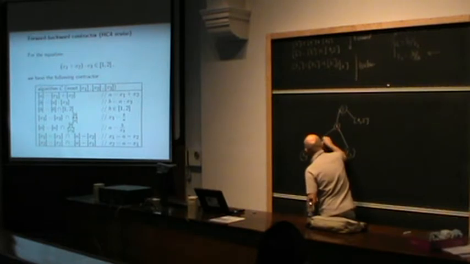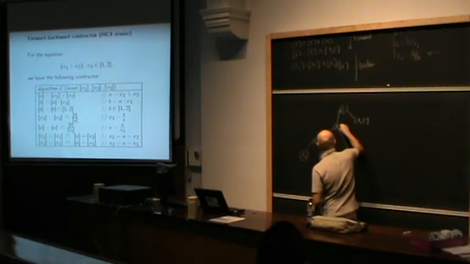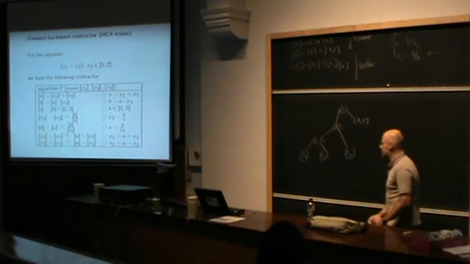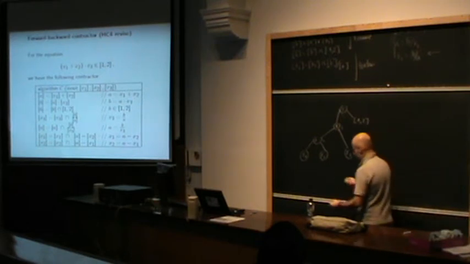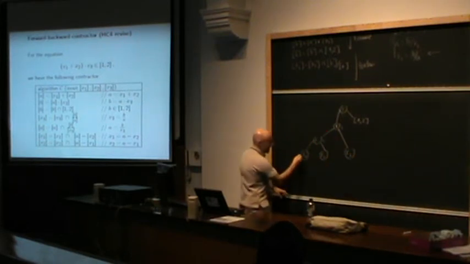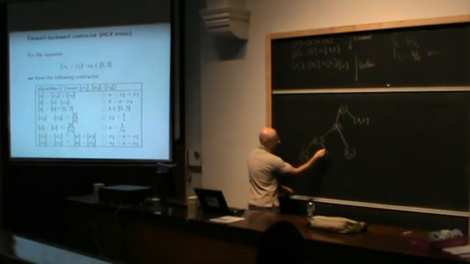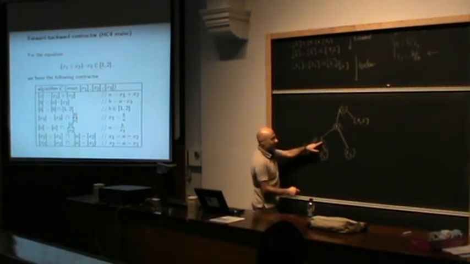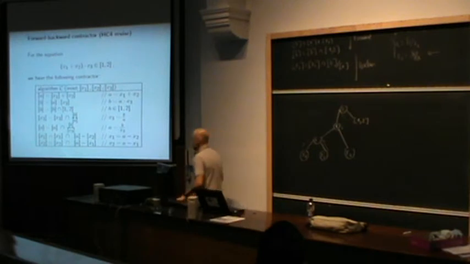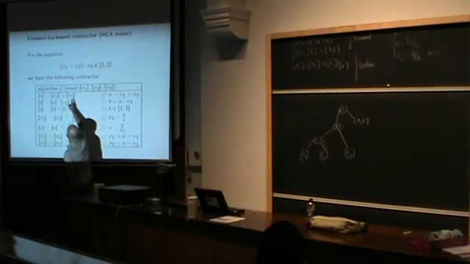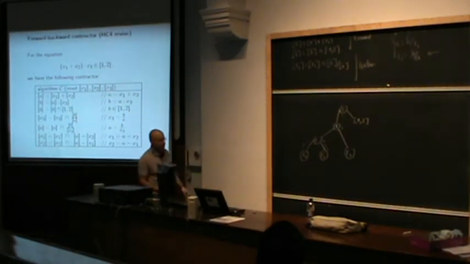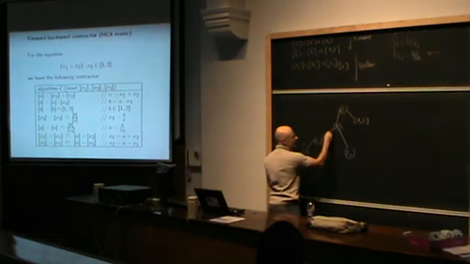Each node corresponds to a variable, this one corresponds to A, this one corresponds to B. So what I have done is that I have taken the intervals for x1, x2 to contract A first. Since A is a new variable, I don't need to intersect by itself. Then I have contracted B.